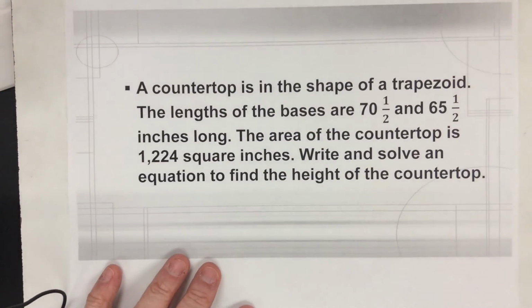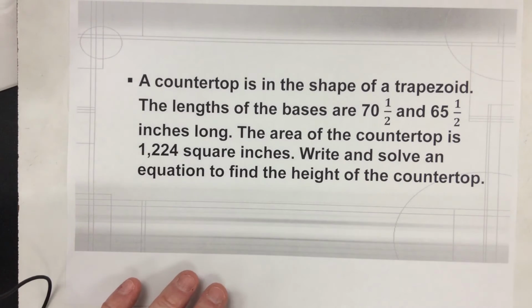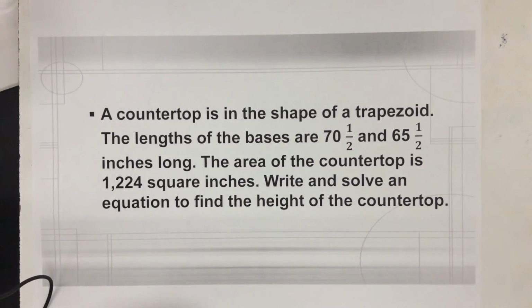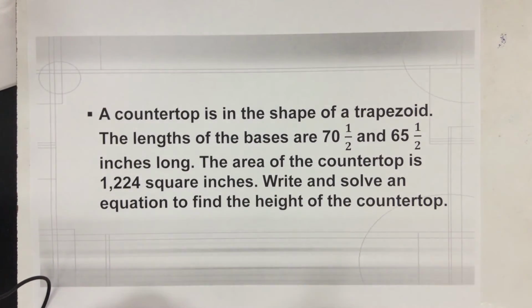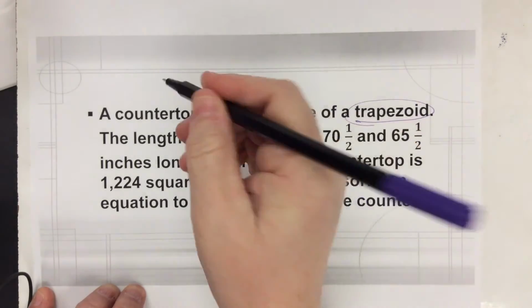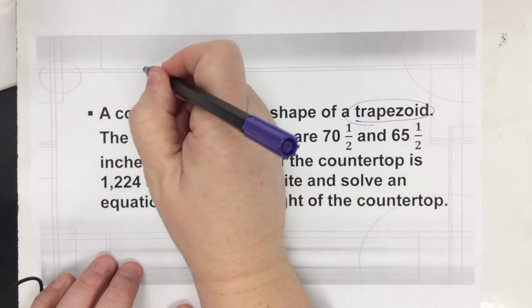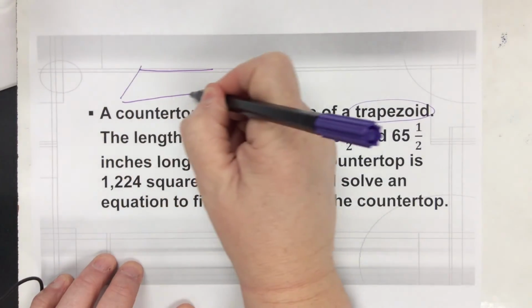All right, the last one here. Ooh, that one's a little bit tougher. A trapezoid. And it's only a little tougher because the formula has an extra piece of information. The countertop is in the shape of a trapezoid. I have been given a shape and I have not got a picture, so I'm going to draw it.